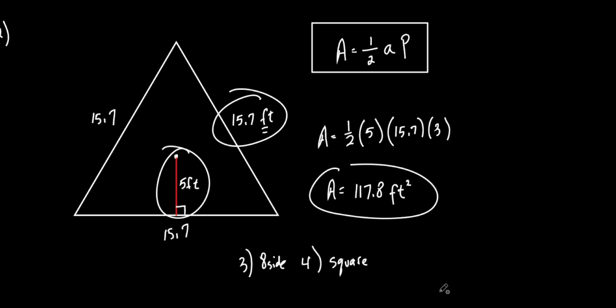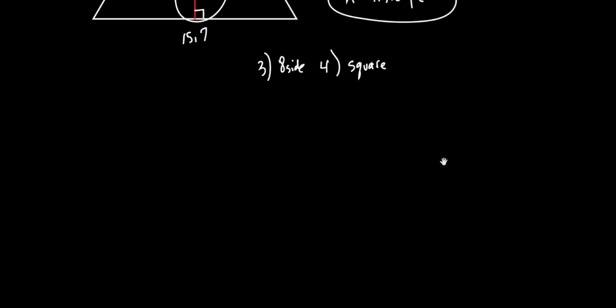I'll give you a little hint on number 4. I didn't do this for the other class. So watch this. Let's do it in red, since we've been doing apothem in red.